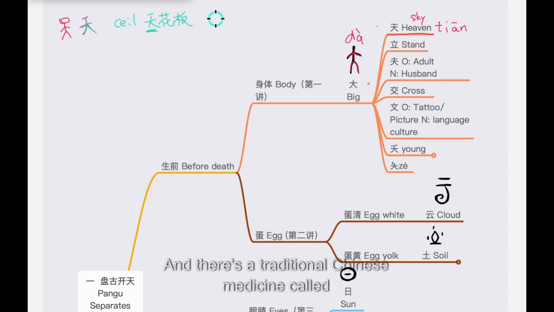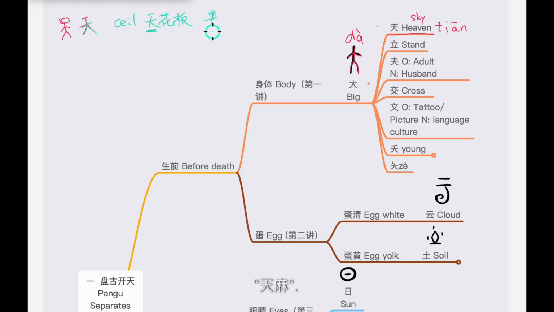And there's a traditional Chinese medicine called 天麻. Can you guess which part of the body it treats?